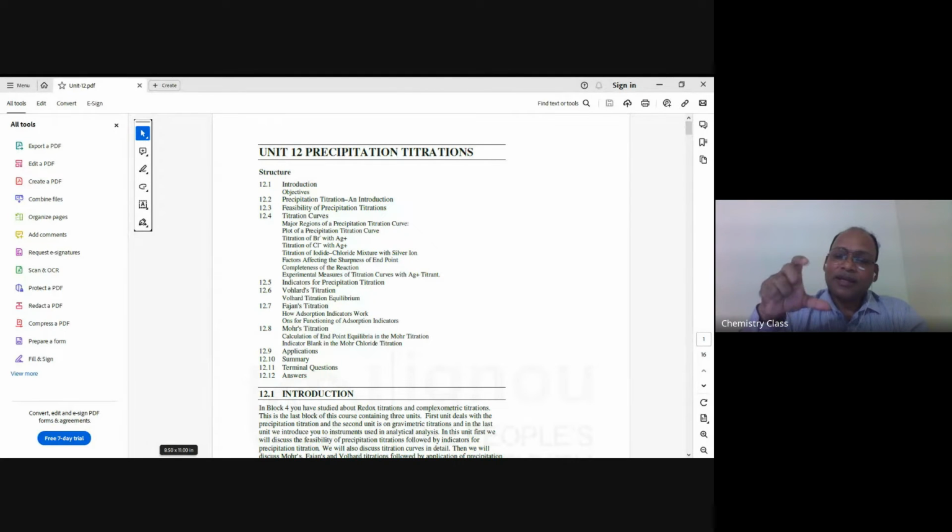Because the atomic radius is very small in fluorine, the screening effect works very little, so the effective nuclear force is more. Fluorine has 7 electrons in its outer orbital. It can donate 7 electrons, no problem, but it is not able to donate the electron because of its size.